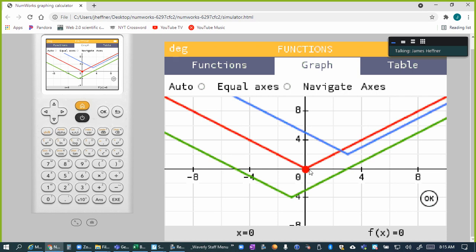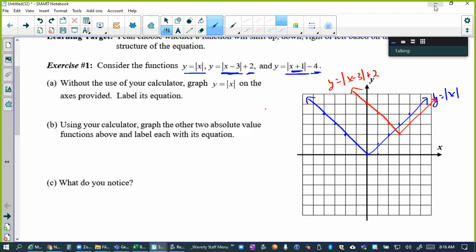So I took this original red, right? And the plus 1 inside moved it left 1. And these are counting by 4s, and then down 4. Okay? We're not doing consecutive intervals there. So maybe we're starting to see a pattern. Let's go ahead and plot that one. Okay?